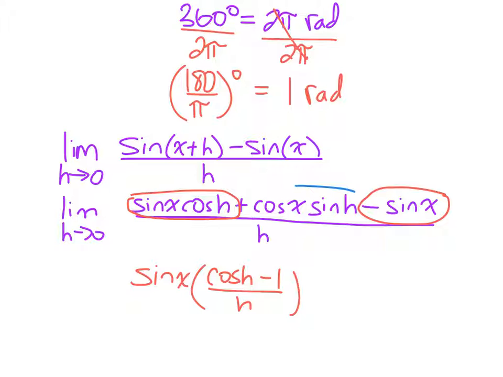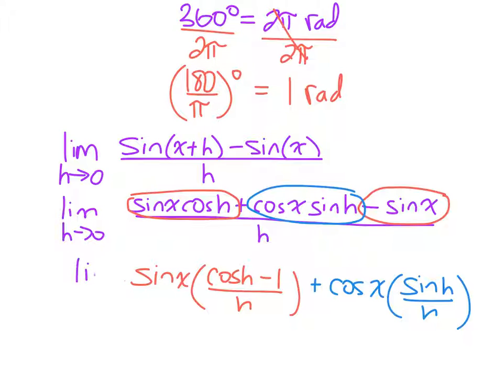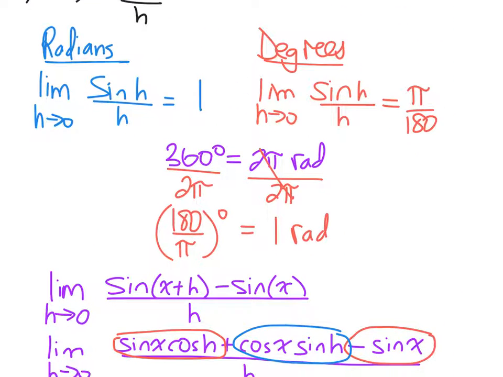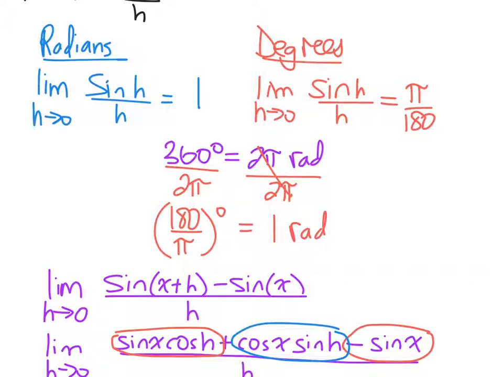And the other part becomes cosine x times sine h over h, still a limit as h approaches 0. Now what this is telling us to do is use what we did in an earlier part, and go with the degree mode limits. That gives us sine h over h equal to pi over 180.